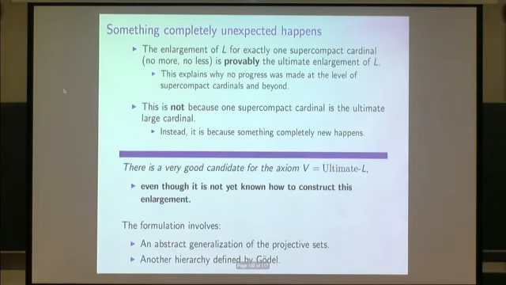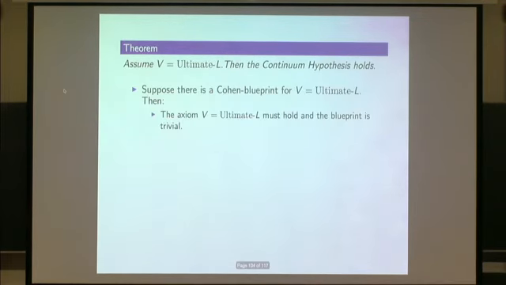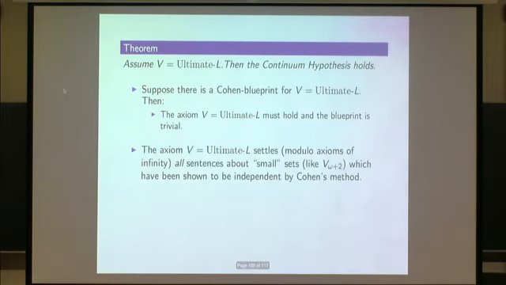First, before we do that, if you assume this axiom, V is ultimate L, then the continuum hypothesis holds. Well, we would expect that. Suppose there's a Cohen blueprint for V is ultimate L, then the axiom V is ultimate L must hold and the blueprint is trivial. So these are theorems we can prove now from this formulation of the axiom.